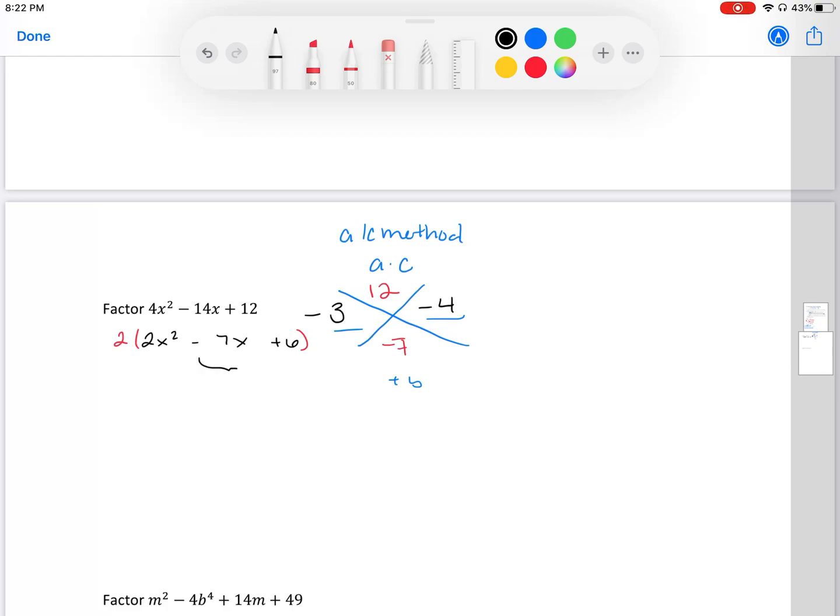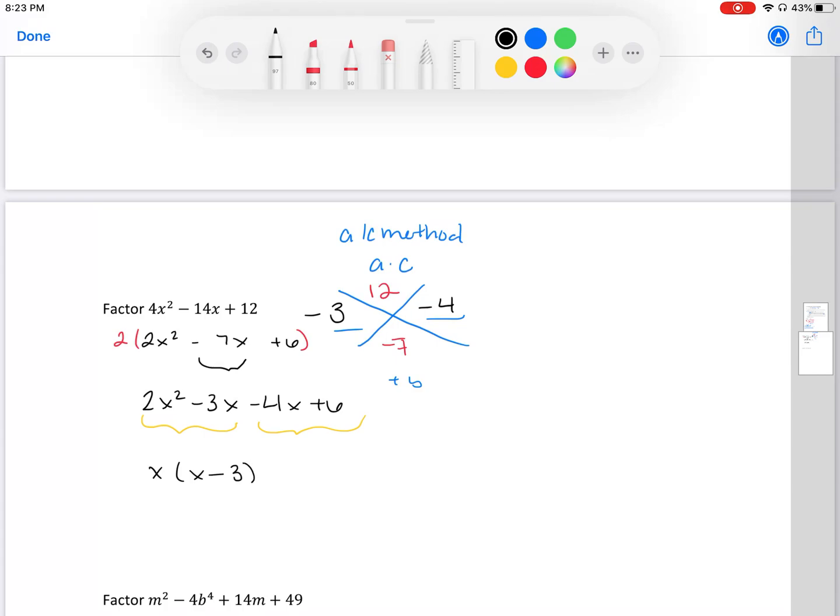So let's replace that middle term with a negative 3x and a minus 4x. I need to expand to have 4 terms, so that I have 2x squared minus 3x minus 4x plus 6. Then I proceed by grouping. I group my first two and my last two. For my first two, I can factor out x, and I'm left with 2x minus 3.